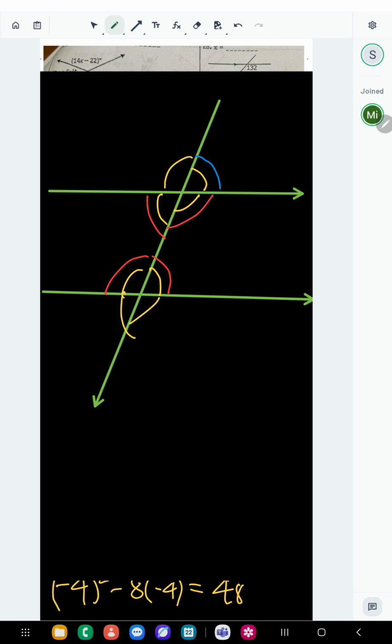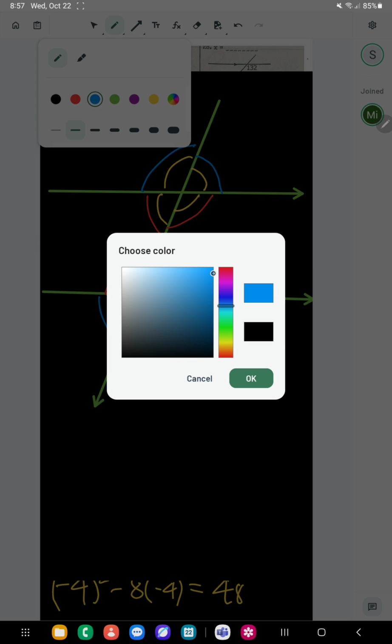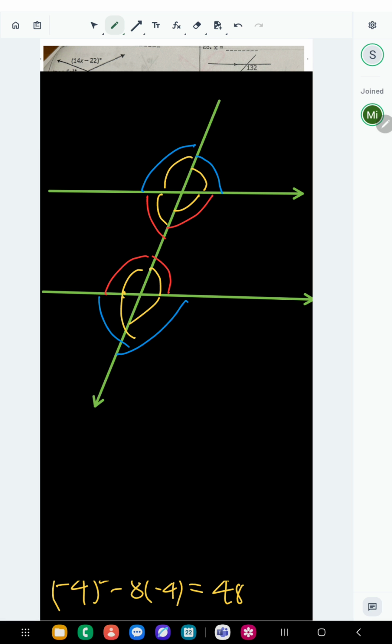This one and this one, in blue. So corresponding angles, alternate interior angles, and alternate exterior angles are congruent, or they are equal.